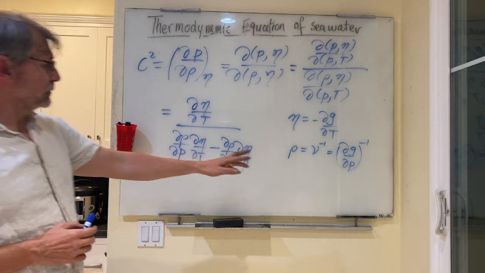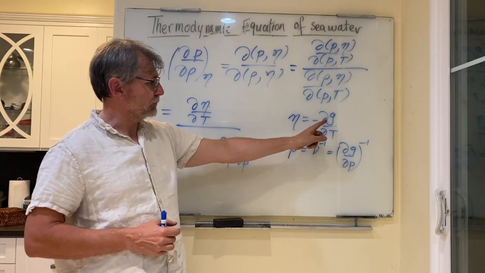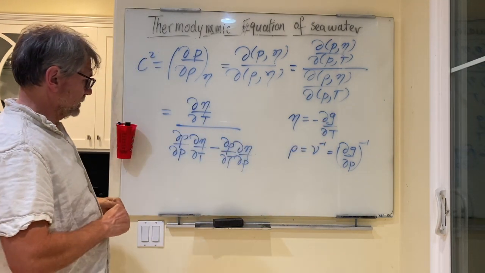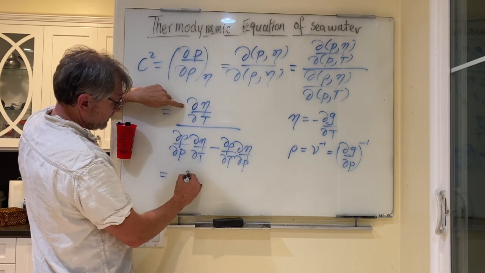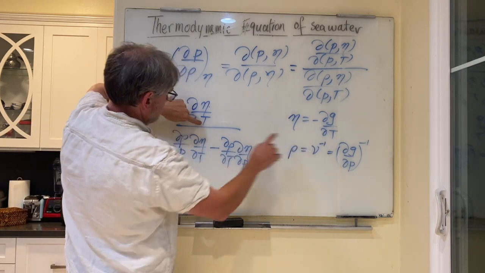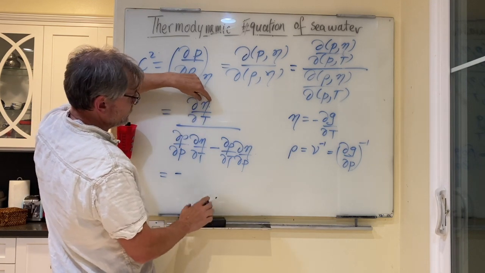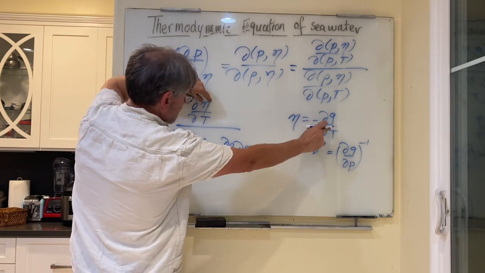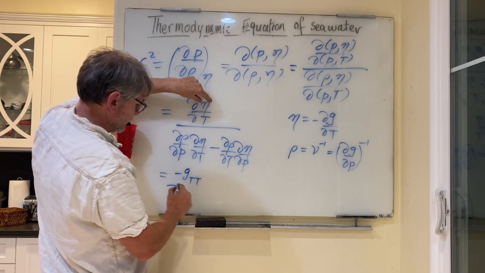And we can substitute those expressions in here to have everything expressed in terms of partial derivatives of the Gibbs function. So the numerator will become the second derivative of, oh, not eta, g, sorry. I'm going to replace eta by dg dt, so I get a minus g tt in the numerator.